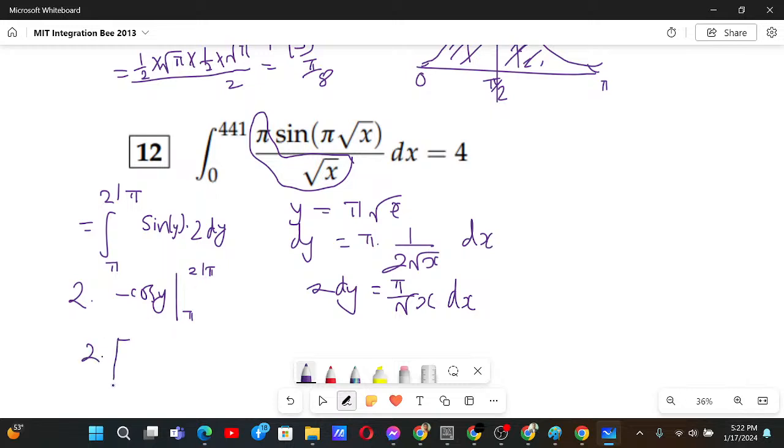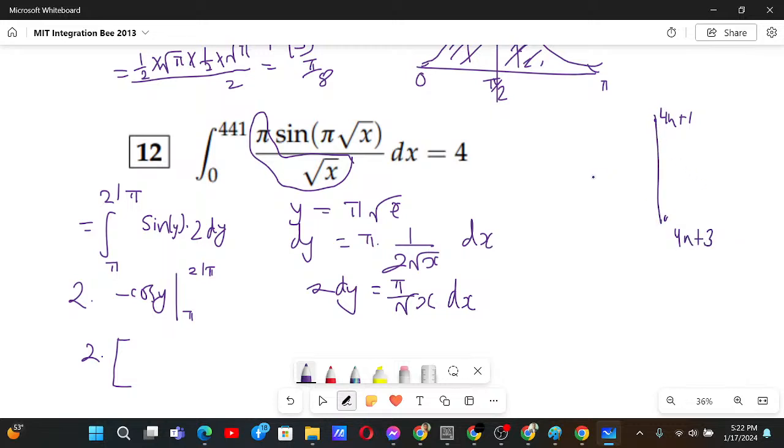So we have 2 times. Now for this problem, how do we solve this? Yeah, now minus cos y at 21 pi. At 21 pi, this is an odd number. Yeah, and for odd numbers, on this side we have 4n plus 1, but here we have 4n plus 3.